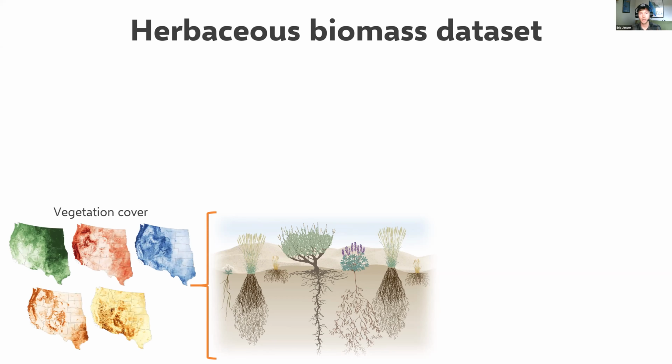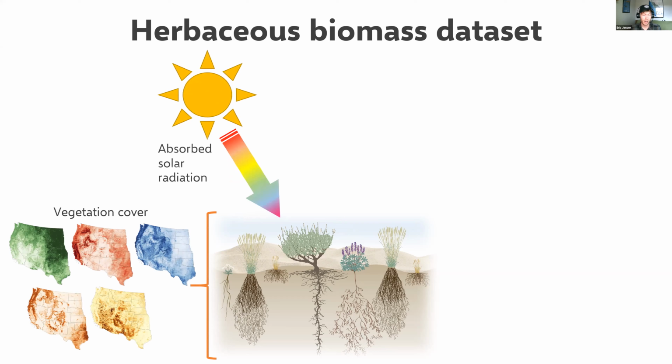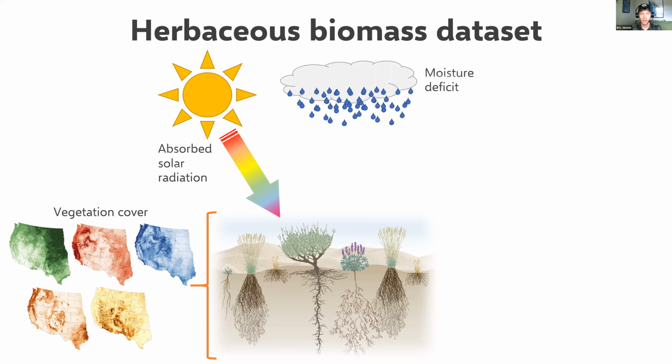And so we're actually able to use the vegetation cover data set to tease out how much production is coming from different vegetation types. And then absorbed solar radiation is fundamental for photosynthesis, and so we use satellite data to measure that. And as you'd expect, moisture is important for plants to be able to produce biomass, and temperature as well.